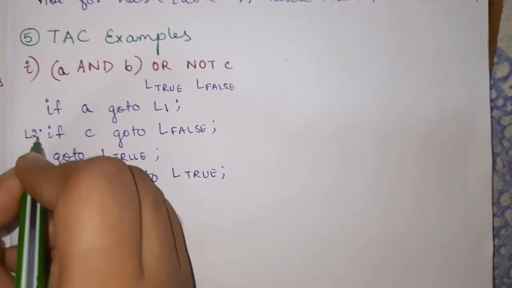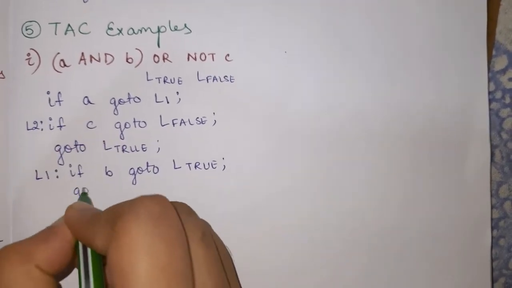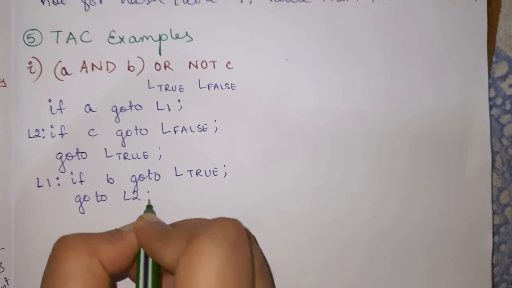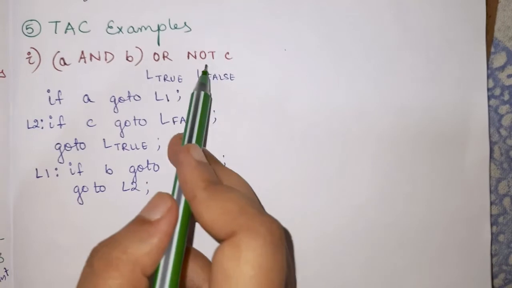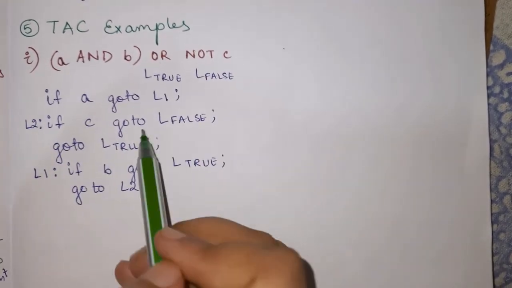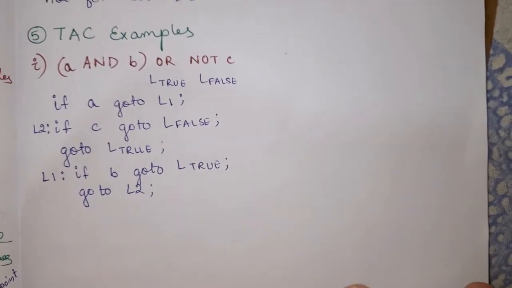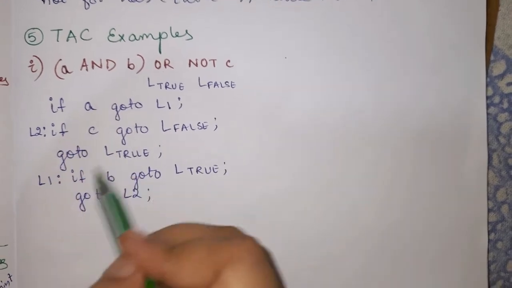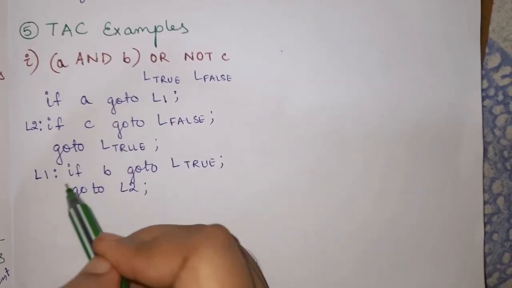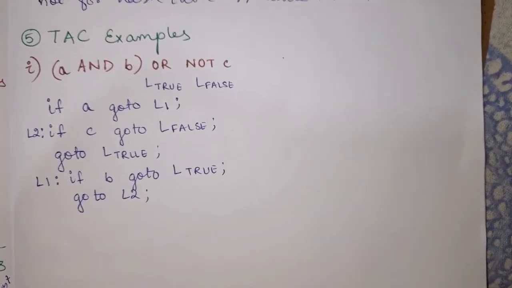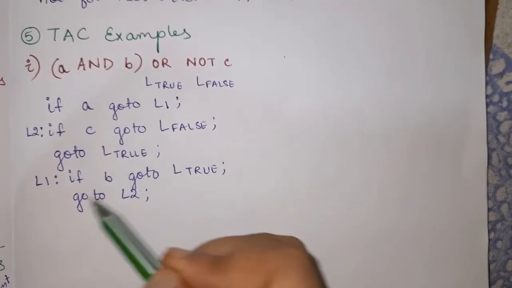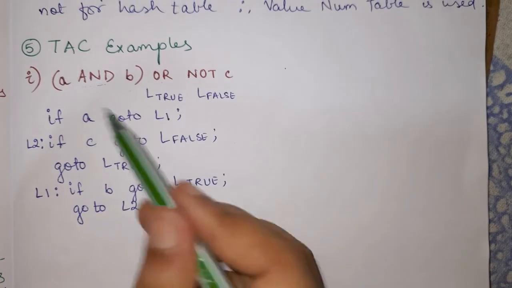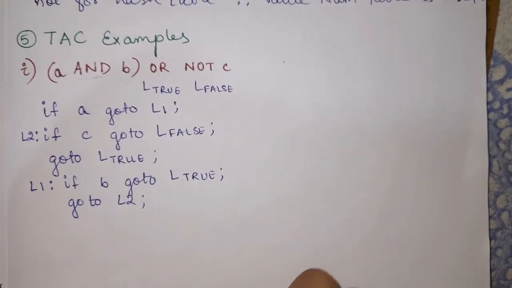So let it be L2, and here go to L2. If the first expression is false, then depending upon L2, the second expression, we will go to L true or L false. And if the first expression is true, both true, then we need to go to L true. So this is how, without using any boolean variable or boolean operator, we do it in TAC, three address code.